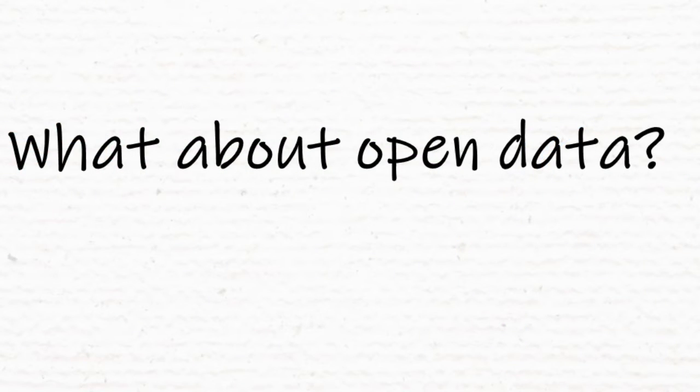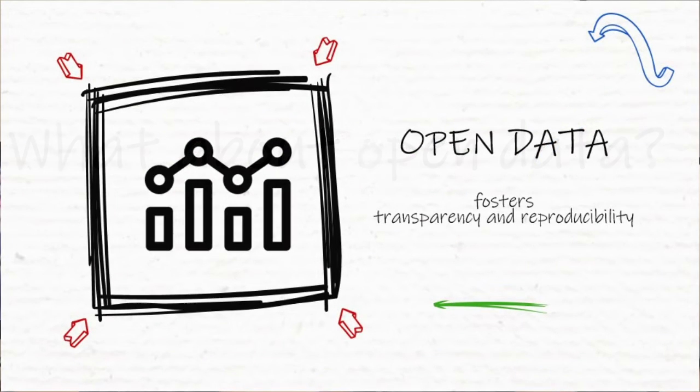What about open data? Open data really focuses on fostering transparency and reproducibility, which is a gold standard in scientific research. This highlights things like keeping detailed lab notes, using sound scientific methodology, survey equipment, documents, and so on and so forth.